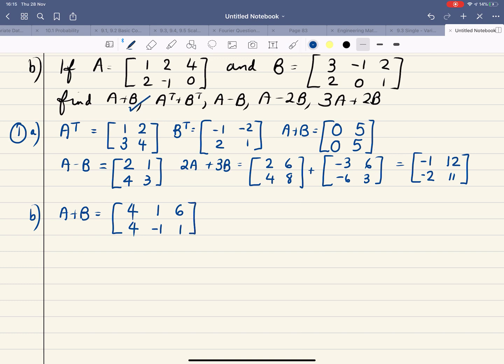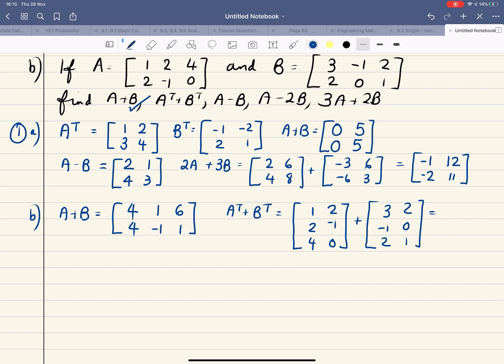And then I've got A transpose plus B transpose. So A transpose, you write the rows as the columns. So the first row is 1, 2, 4, so that's the first column. And then the second column, 2, minus 1, 0. And then B transpose, 3, minus 1, 2, 0, 1.